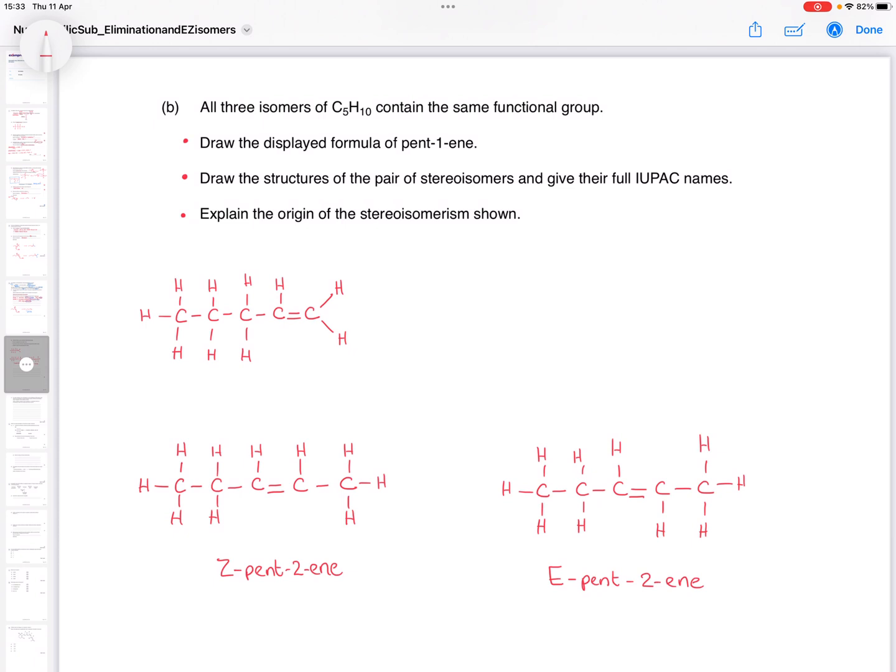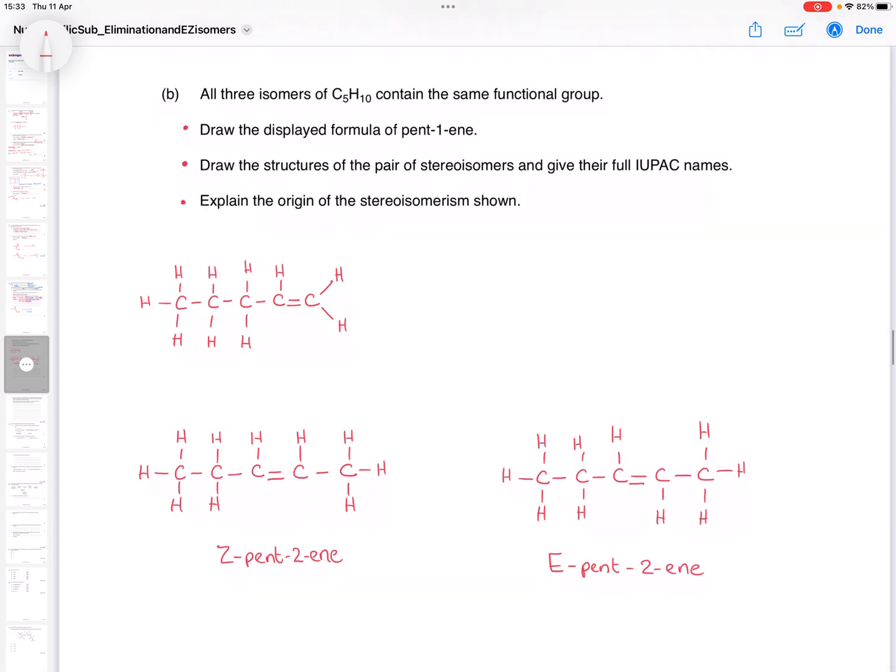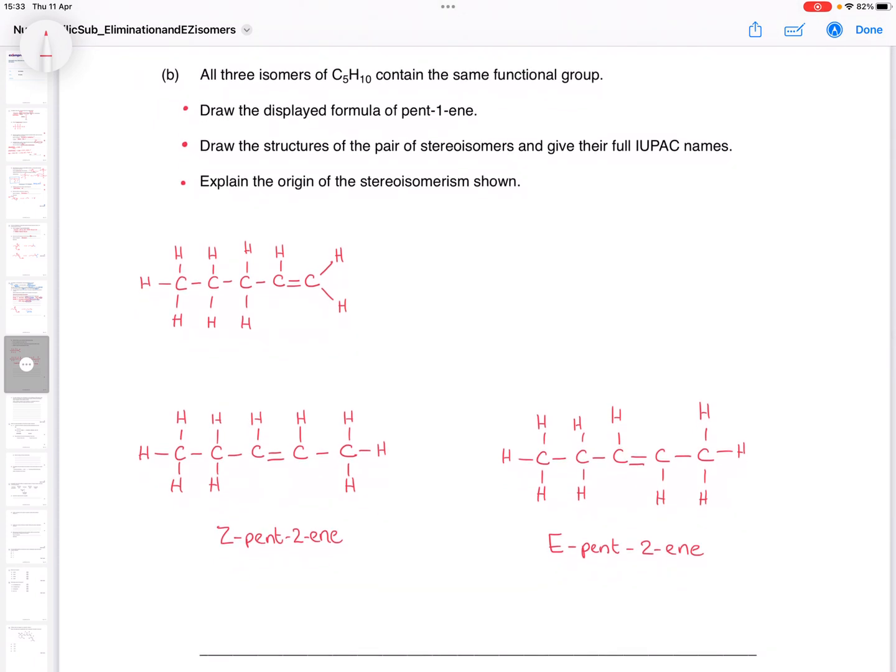And then finally, we mustn't forget the last part of the question, which is to explain the origin of the stereoisomerism formed. And the reason we have this stereoisomerism is there is no free rotation around the carbon-carbon double bond.